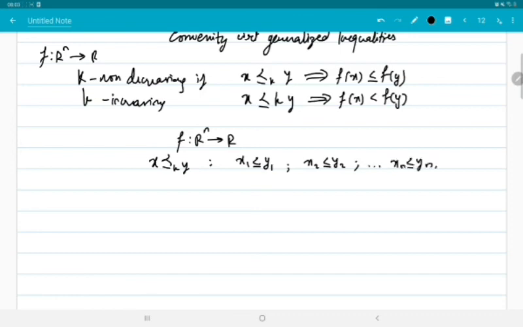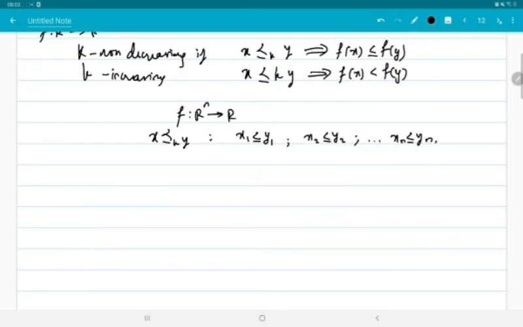Then we say that f is non-decreasing if this thing holds, where x1, x2, up to xn are components of the vector, and the function f of x is less than or equal to f of y.